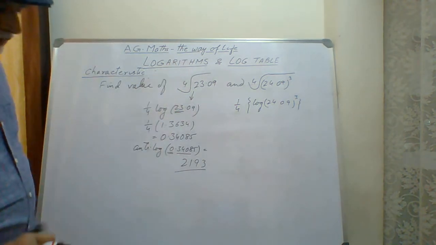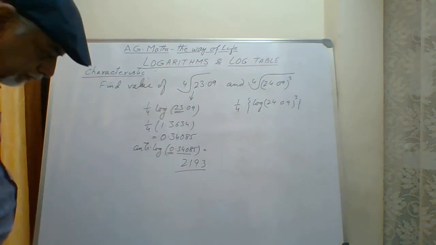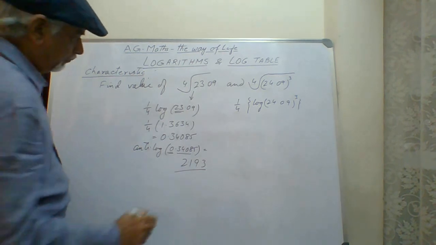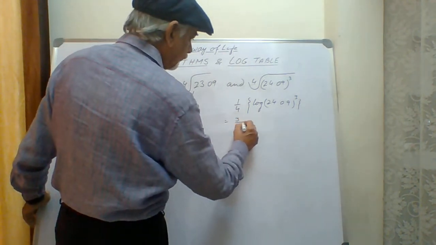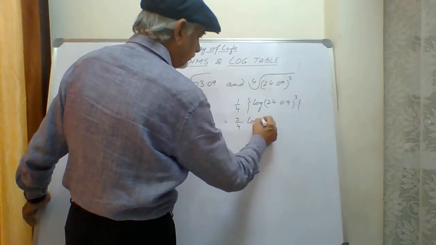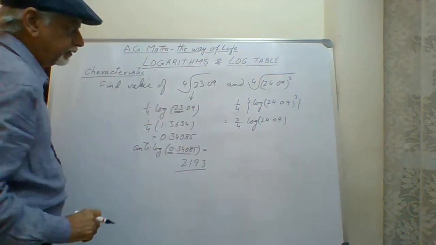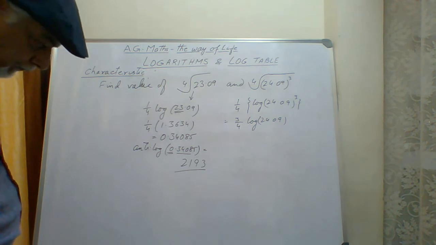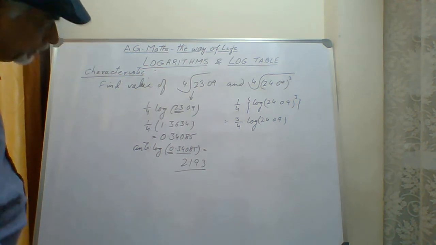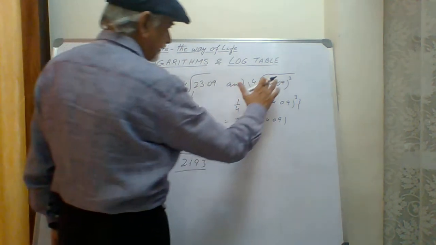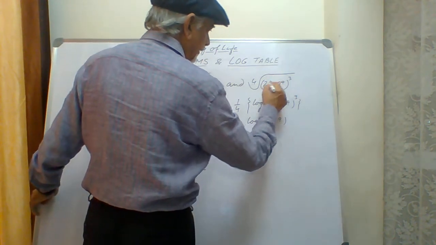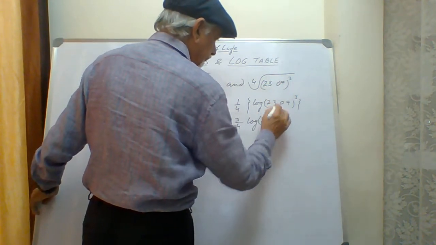Now the power 3 will also come in front, so it becomes 3 by 4 of log 23.09. Let us keep it the same, so it will be convenient for us to understand what will happen.